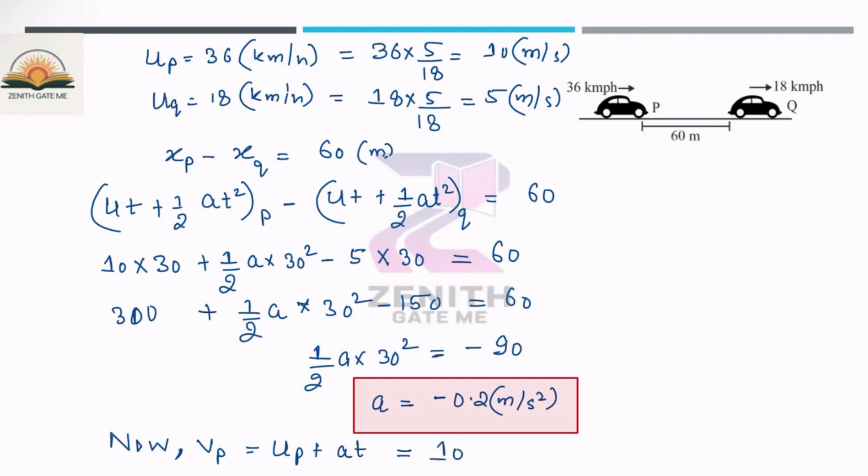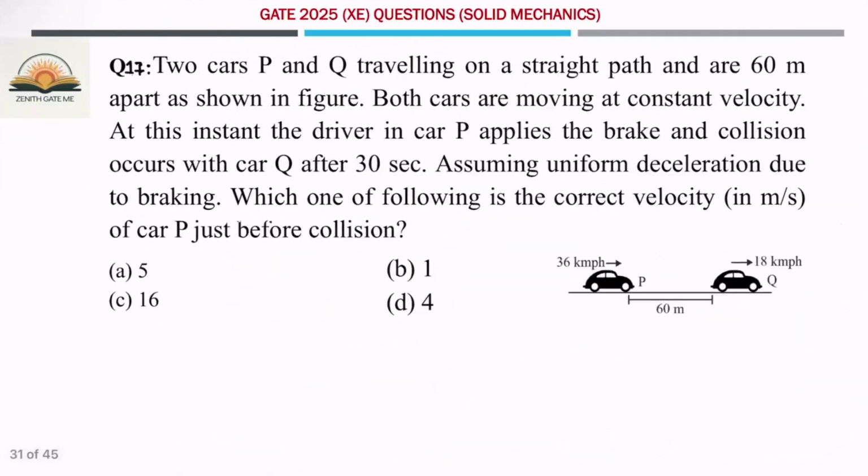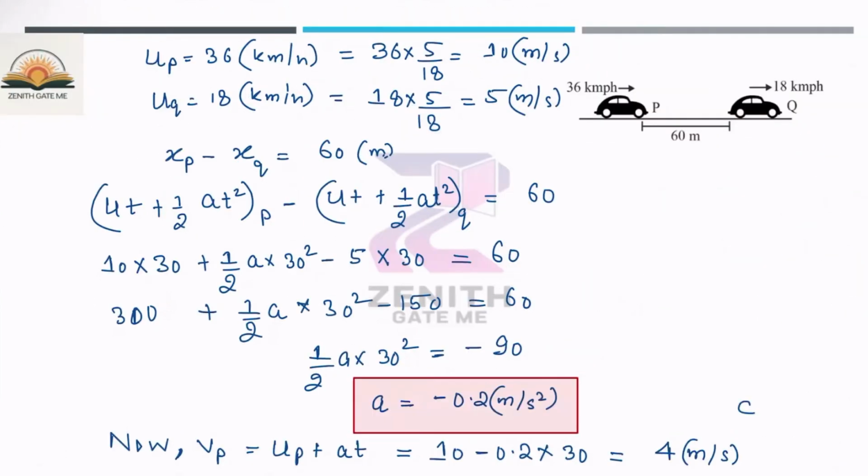This is 10, the acceleration is minus 0.2 and the time is 30. So once you solve, you will get 4 meter per second. Now you can check the options. Yes. Option A is 5, B is 1, C is 16 and D is 4. That means the correct answer for this question is choice D.